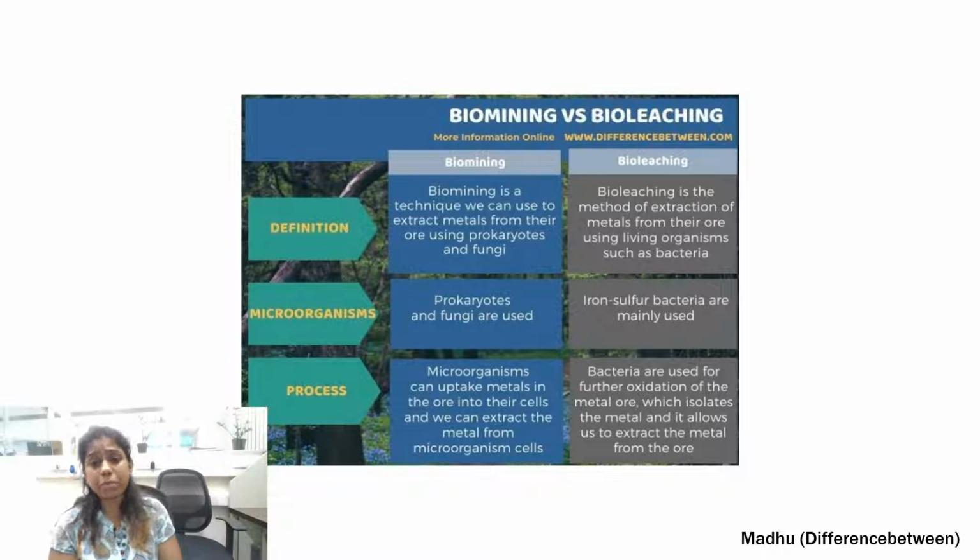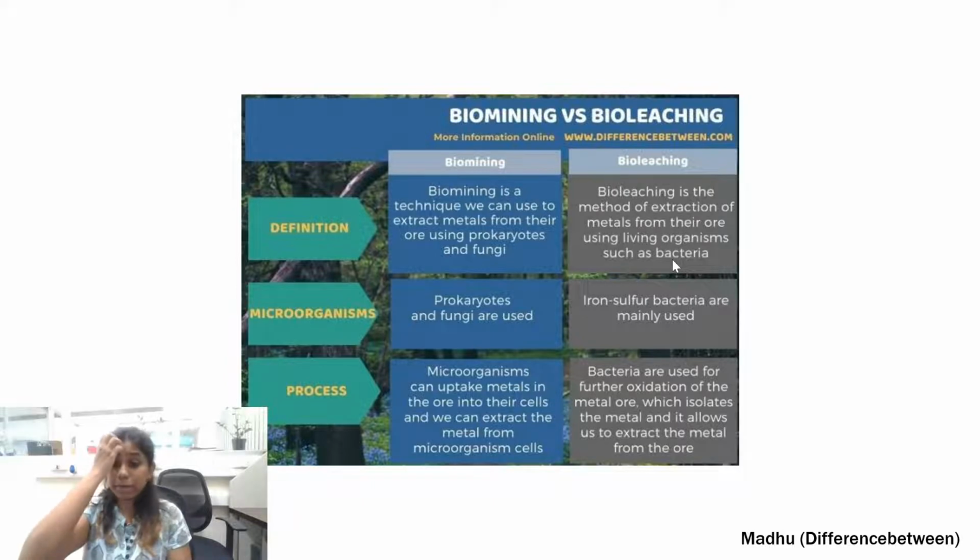So the difference between biomining and bioleaching is that biomining is like a blanket statement. It can be used to extract any metals, and any prokaryotes or fungi can be used for biomining. But bioleaching is a specific case where metal sulfides are used, and the organisms are usually bacteria.